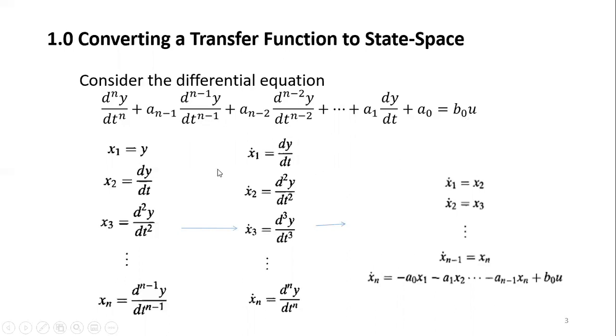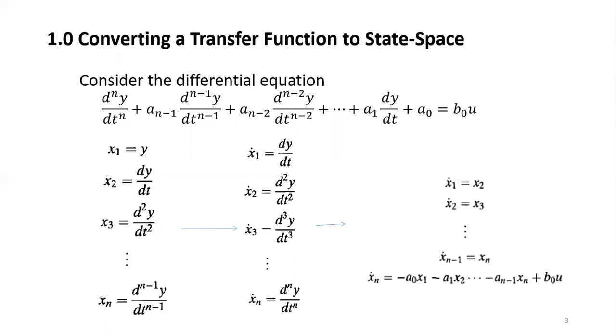The first step is we define the variables. We define x1 equals y, the output, x2 equals the derivative of y over time, x3 the double derivative of y over time, and up to xn, which is y differentiated n minus 1 times.